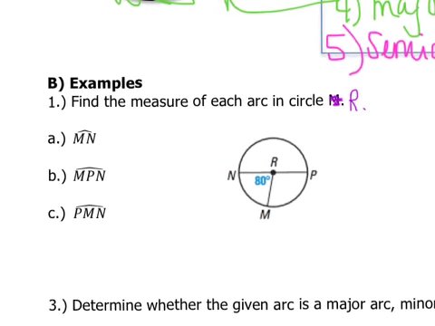Mark said 2 times bigger or the same. The intercepted arc is the same as its central angle. So if angle NRM is 80 degrees, its intercepted arc, arc MN, which is what we're trying to find first, is also 80 degrees.